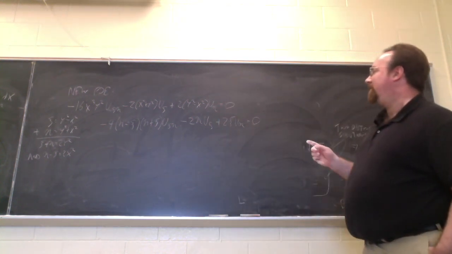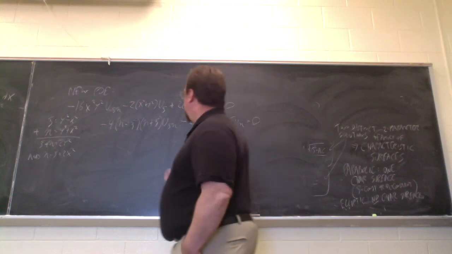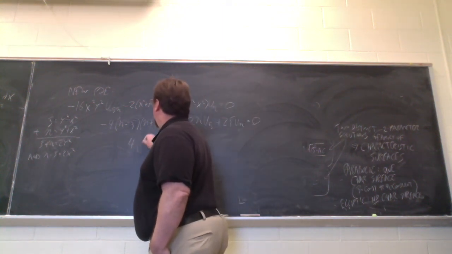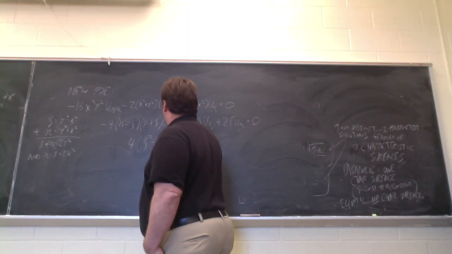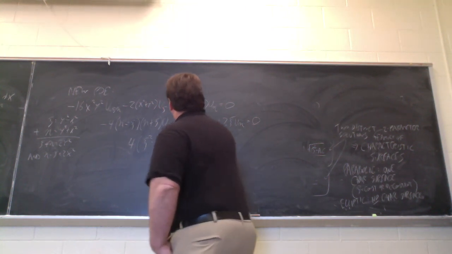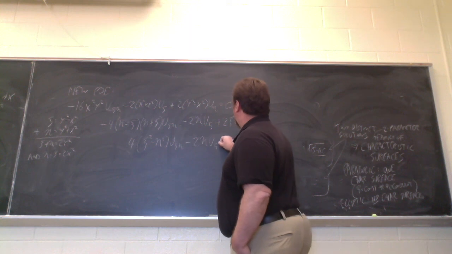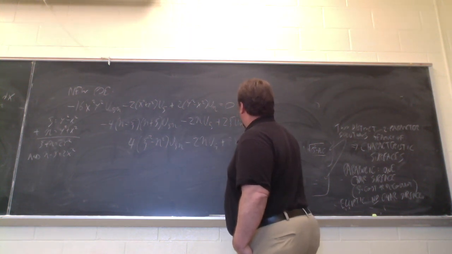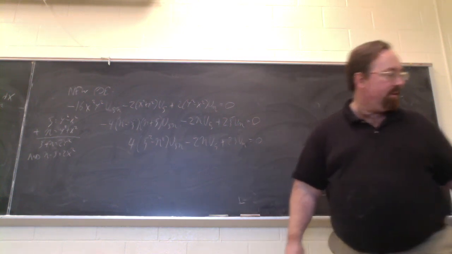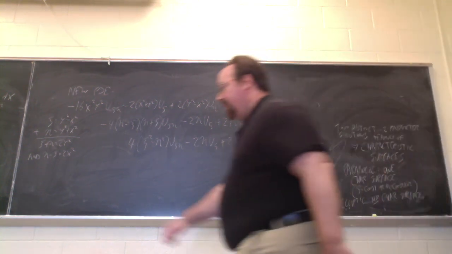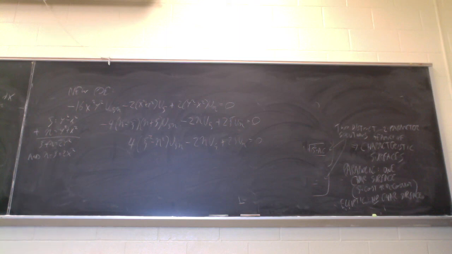Okay, and then I can just simplify the last part, so I get 4 c squared minus eta squared u_c eta minus 2 u_c plus 2 c u_eta equals 0. And actually, I can go ahead and drop a factor of 2 throughout.